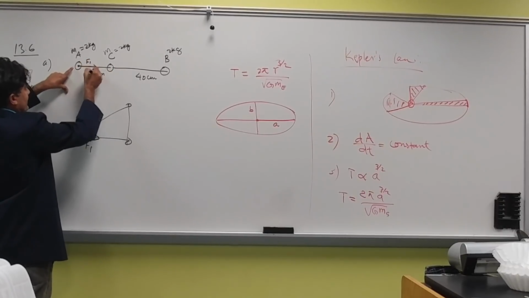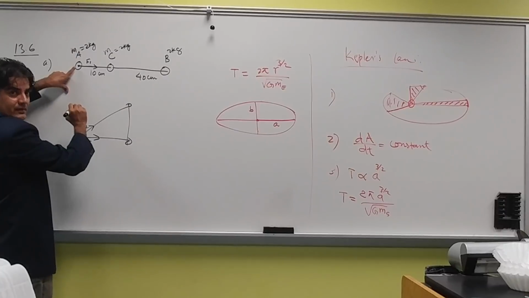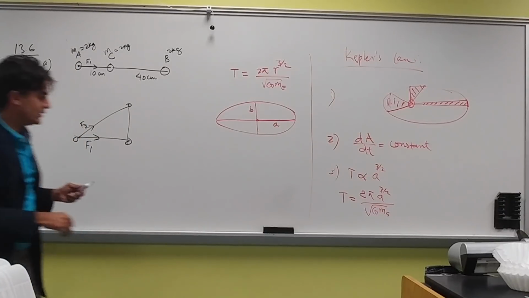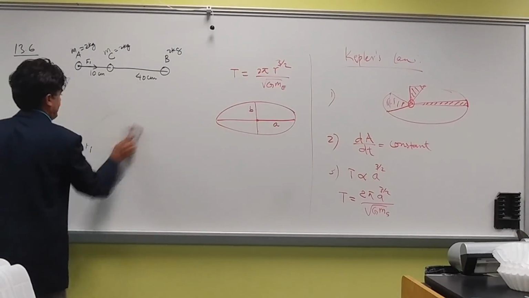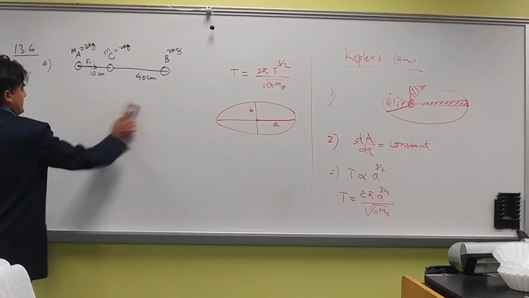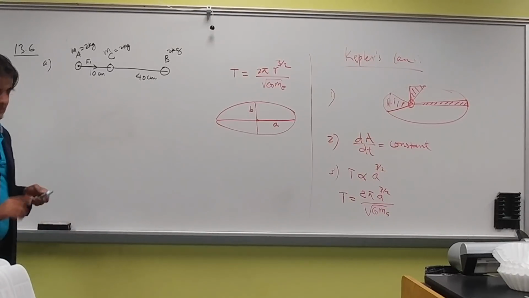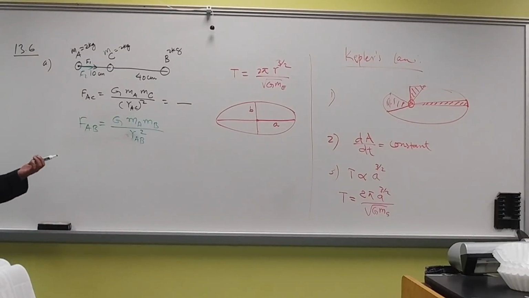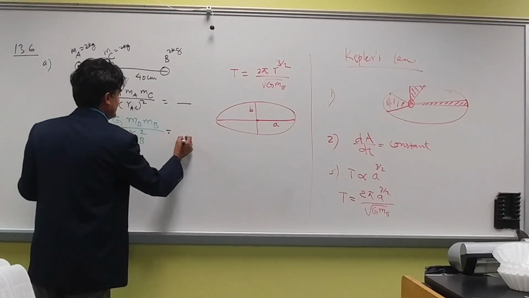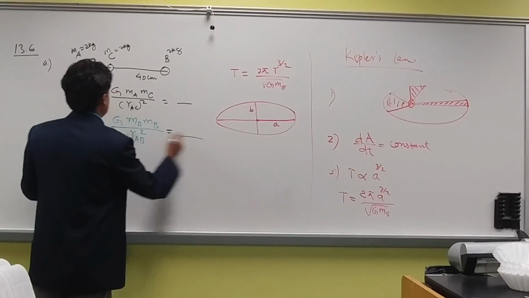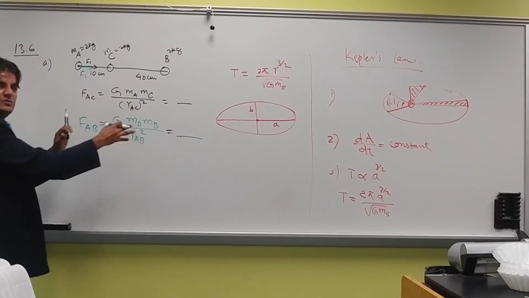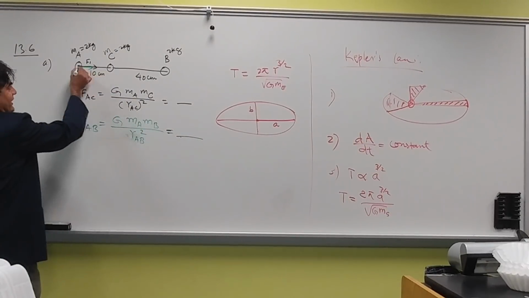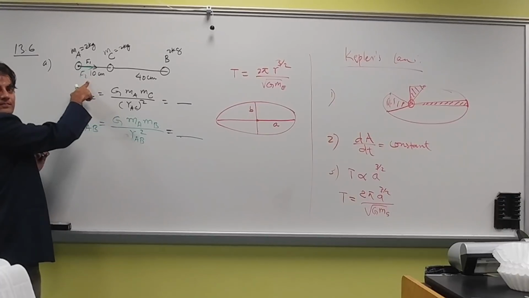I call it F1, which is FAC. All you do is calculate this, plug the numbers, do your own math. Remember, F1 and F2 are in the same direction.